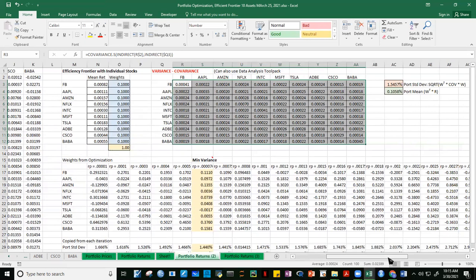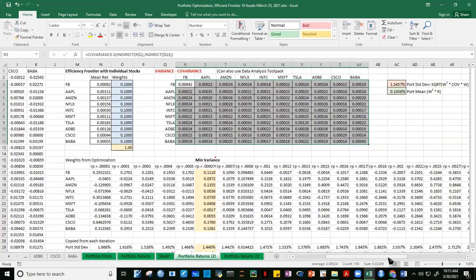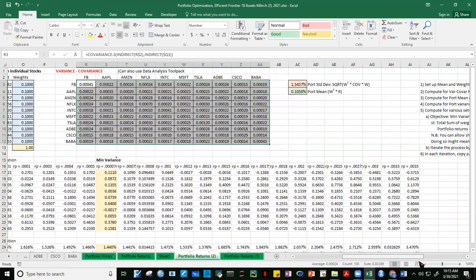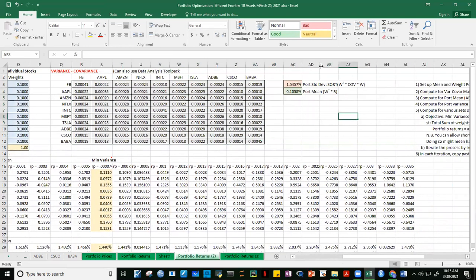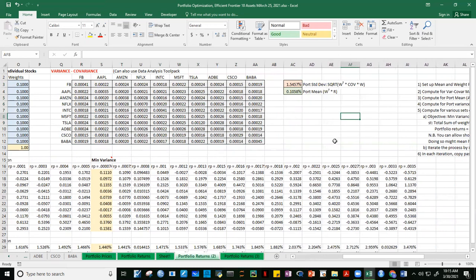Yun lang naman yung kailangan eh. Returns matrix, weight matrix, and the variance covariance matrix. Okay, let's start with this one. Okay, so dito, inuna ko muna yung portfolio standard deviation. Yung risk, tapos ito naman yung portfolio mean, yung return. Okay, may reason ako bakit inuna ko to, mamaya sasabihin ko.